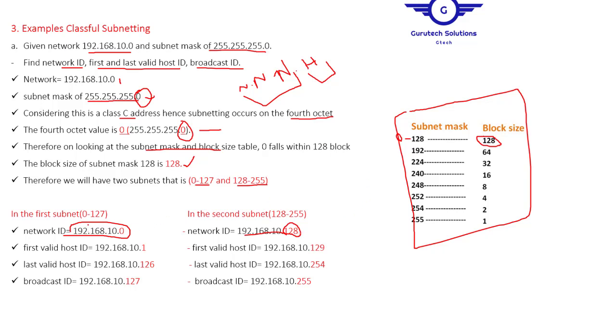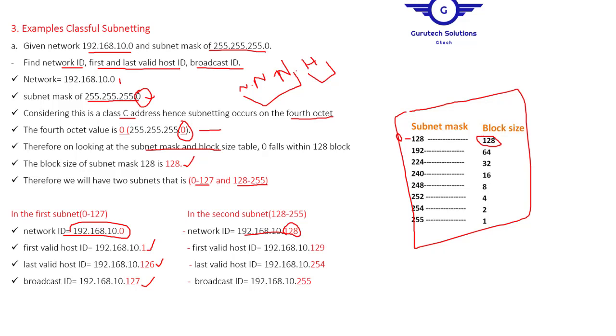On the first subnet, the first valid host ID is 1, because 0 is just the network ID, and the last valid is 126, and the broadcast ID is 127.